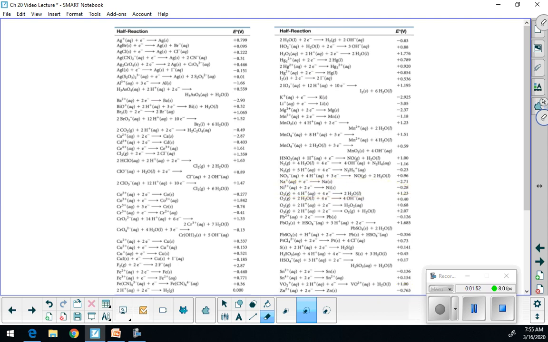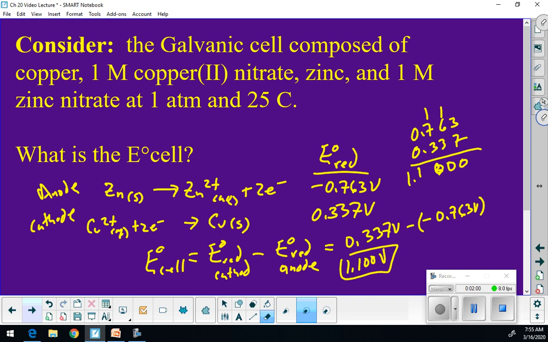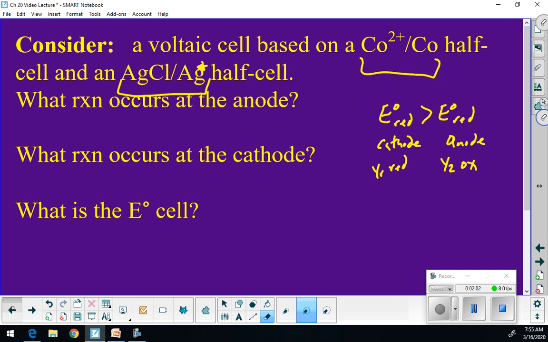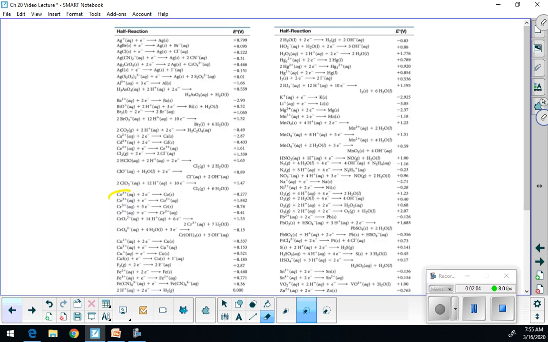So I'm looking at cobalt. Cobalt is, do I have 2 or 3? I better look because there's a 2 and a 3. What is it? Oh, cobalt 2. So I have cobalt 2, and that means I have a negative 0.277 for my cobalt, right? And the other was what?